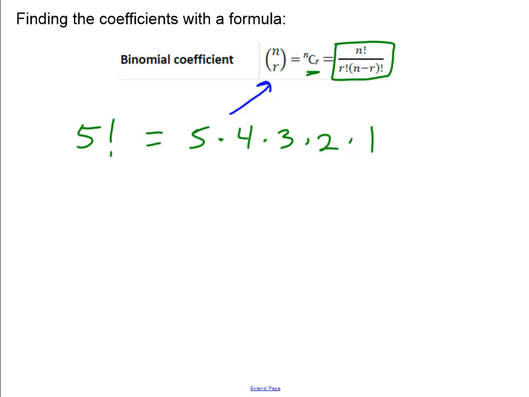So if I want the binomial coefficient, I can use this formula. Suppose that I want the coefficients for the power of, say, 10.